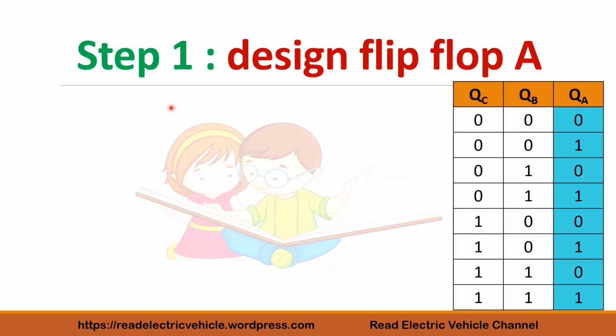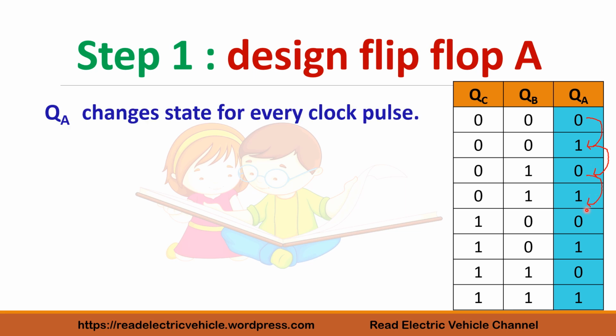It will be very easy to draw the logic diagram for the counter. Now the first step is to design flip-flop A. We need to find a relation between all 3 flip-flops so that we can easily draw the logic diagram. If you see flip-flop A, QA represents the present state of the flip-flop: 0, 1, 0, 1. Its output keeps on changing in every clock cycle, so QA changes state for every clock cycle.